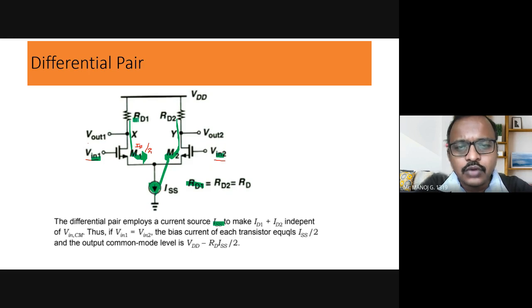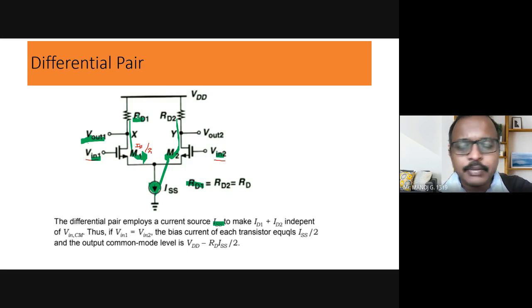so output at this particular point. I'm taking Vout1. So this expression is total voltage is VDD. Vout equal to VDD minus total current over here. Total current is what? ISS by 2 into R. R is RD1.